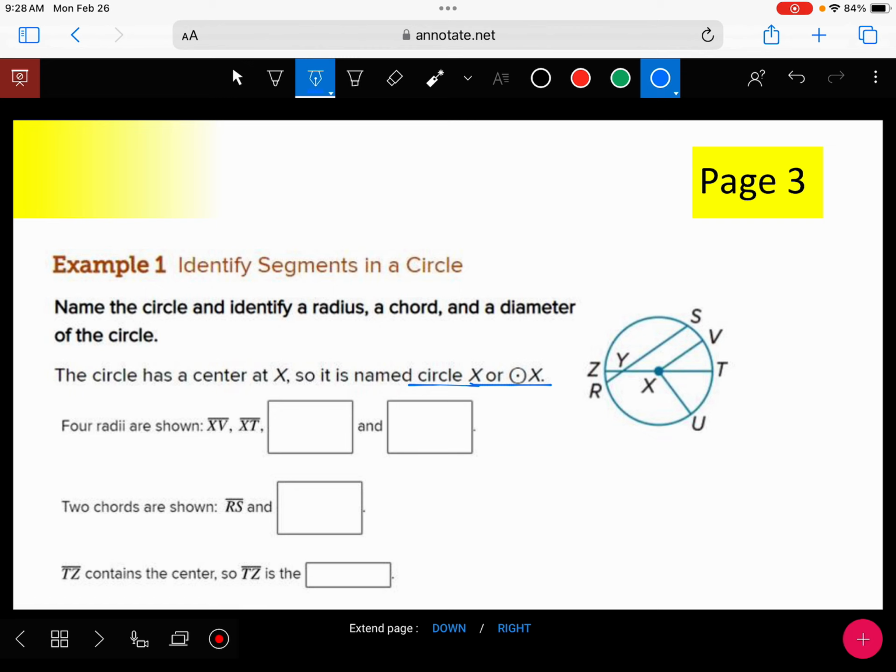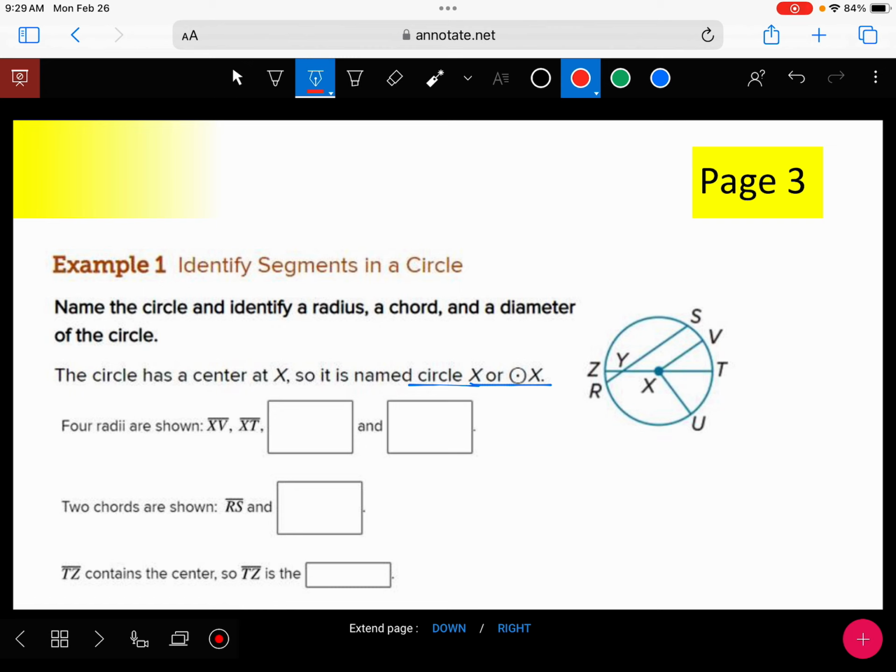So that's going to be really important when we might give you multiple circles on a question or something like that. Just remember, the way we identify a specific circle is by its center point. So underline that. From there, this circle, circle X, there's actually 4 different line segments that are radiuses. The first radius we have is line segment XV.